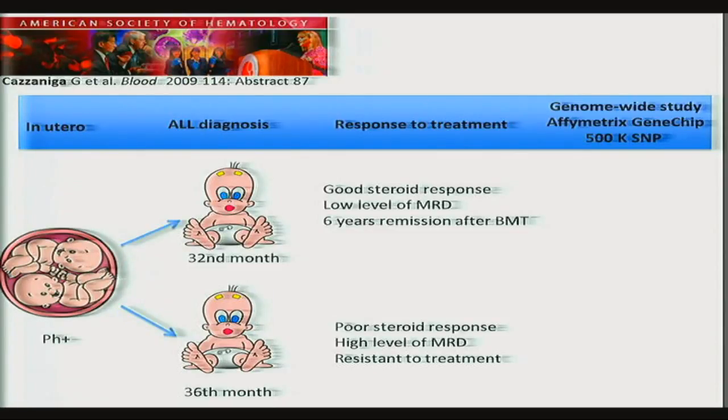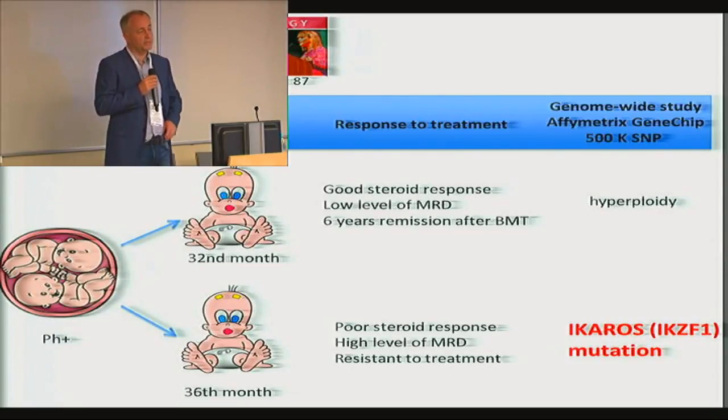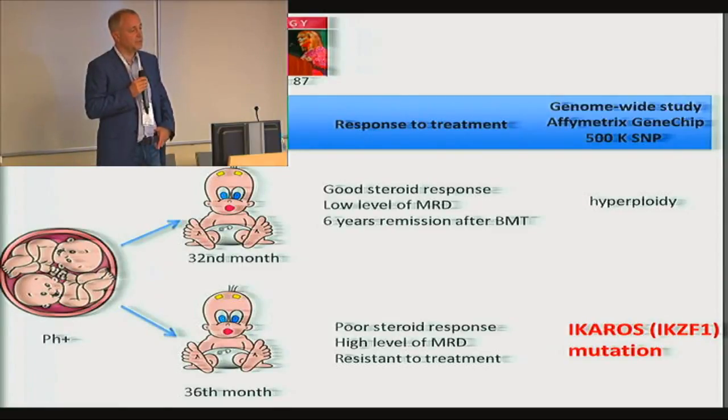And the only difference between these two was the genetics of the leukemic cells. Hyperdiploidy in the one case, and the Ikaros deletion in another one. And this is a very nice example that even the same genetic background can differ in the development of leukemia. So both these twins, boys, had the same lesion at the very beginning.